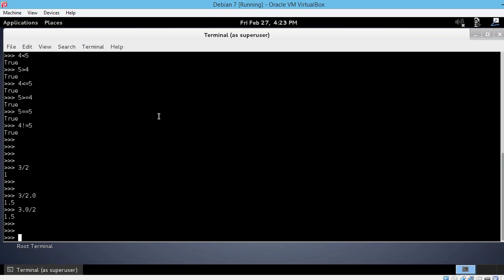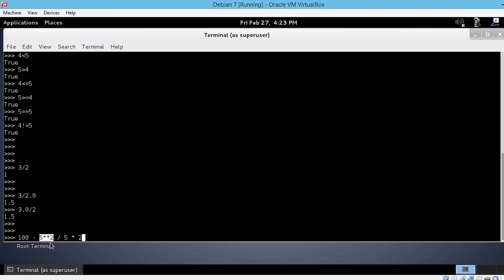Let's see an example. Let's say we have 100 minus 5 raised to the power of 2 divided by 5 times 2. What would be the correct result here? Well, Python will first evaluate 5 raised to the power of 2, which is 25. Then, since division and multiplication have the same priorities, they will be evaluated from left to right.